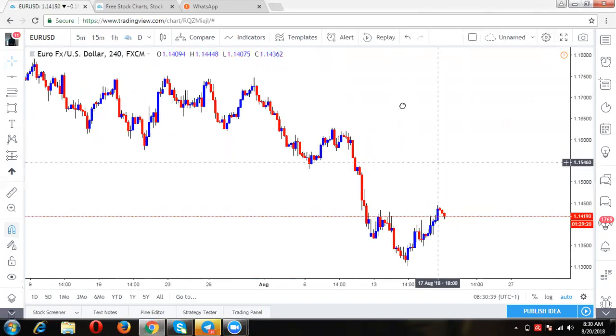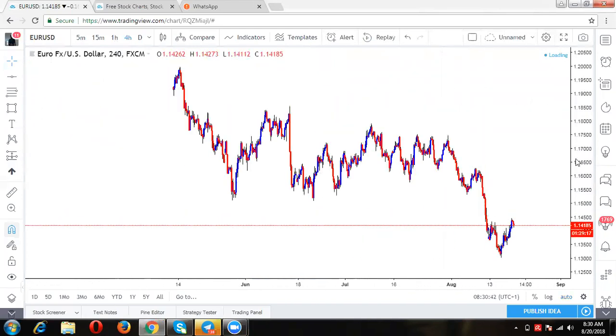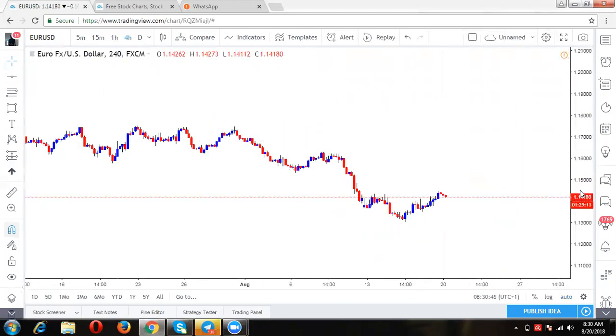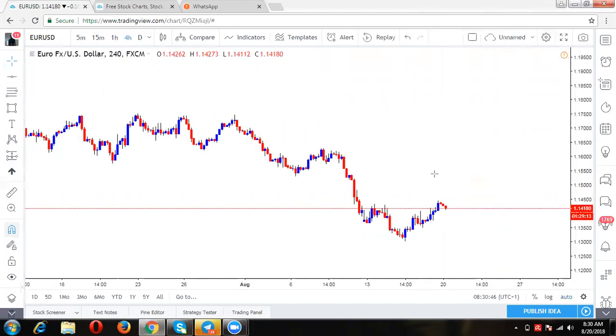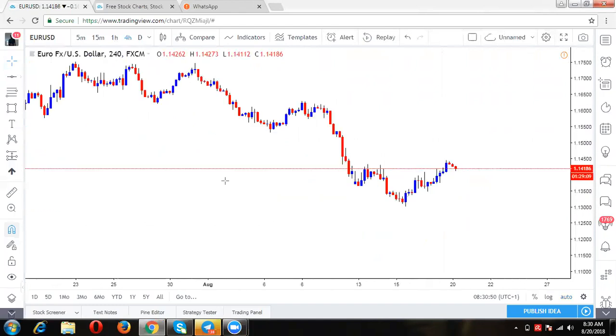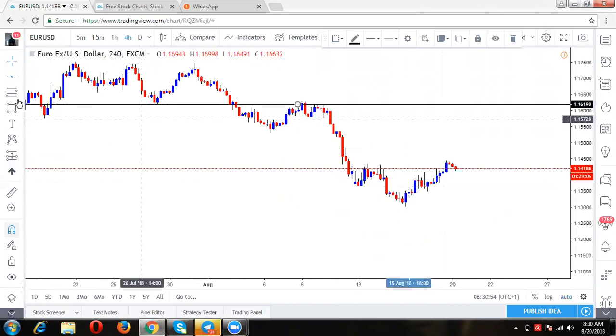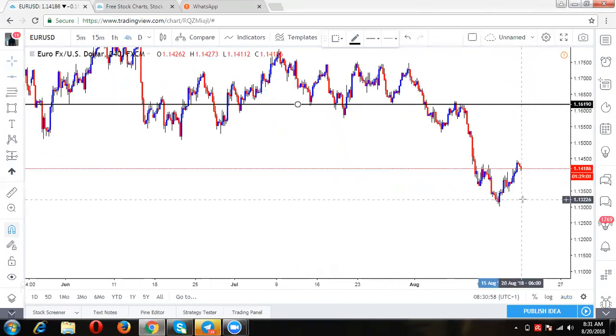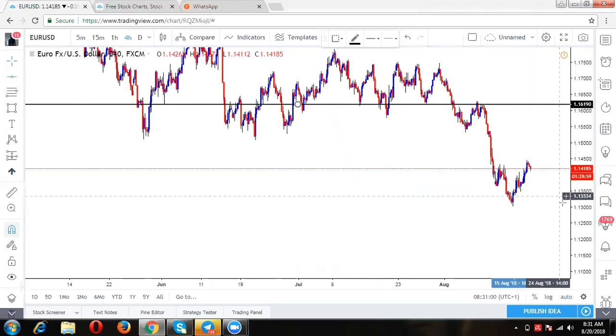Where are your key levels? Now looking at this, I don't really trade this pair, but let's look at this. Really big long price came to this area.